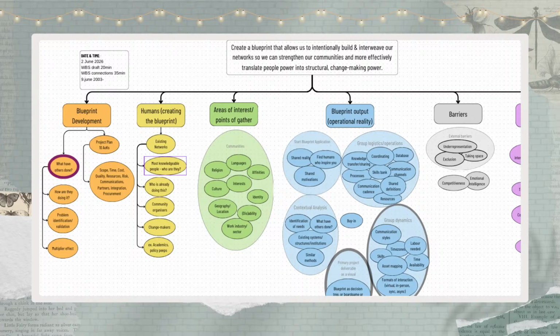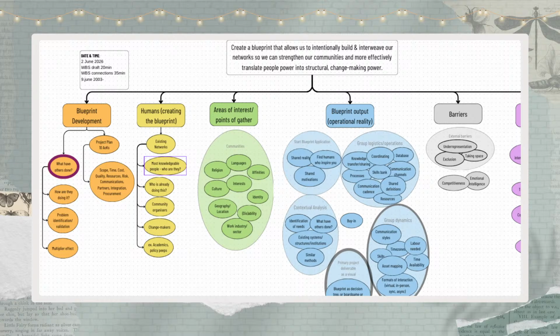That doesn't have to be part of the application of the blueprint. I think in a way it's good to have some sort of way that allows people to broaden the perspective and cast a wider net.